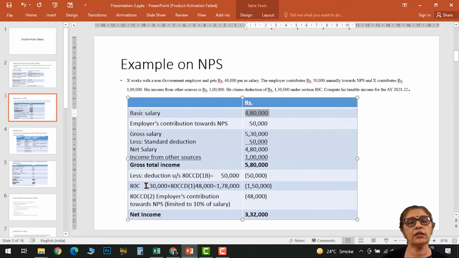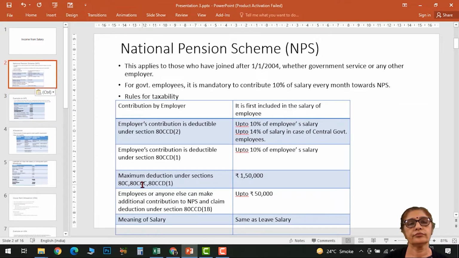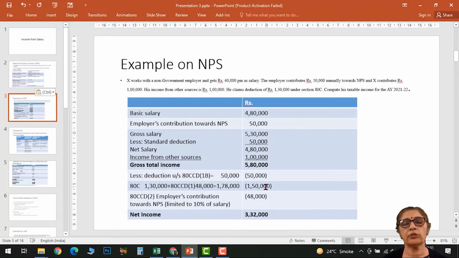So 130 under 80C plus 48 under CCD1, together 1,78,000. Together, 80C, 80CCC and CCD1 cannot be more than 1,50,000. So 178 shall be limited to 1,50,000.